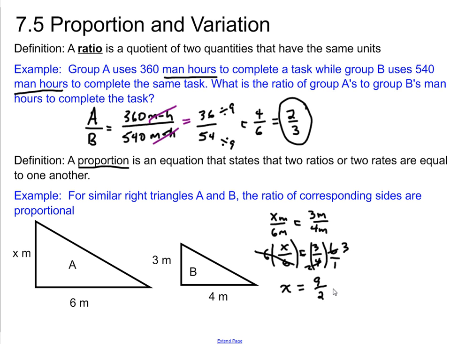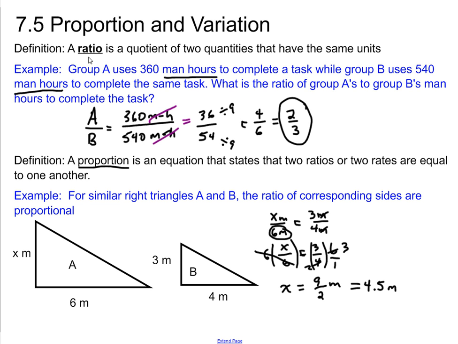So x would be 9/2 meters, which is to say 4.5 meters. Notice that in our ratio of meters to meters, the units cancel out. We just take that extra 6 meters and multiply that onto the other side. That's how we get this. Okay, so far so good.